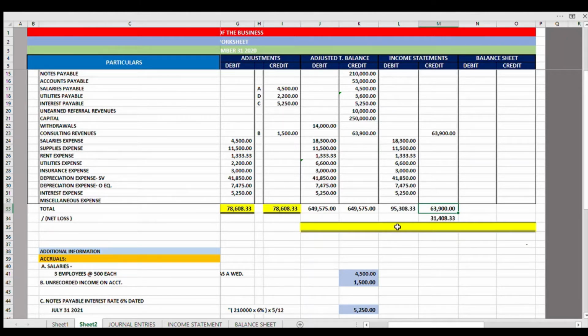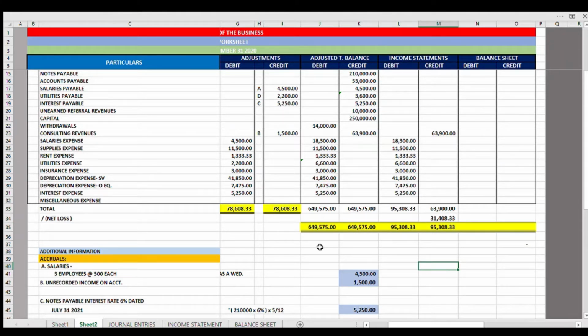So let us check our balances here, so that we can be sure that our balances are correct. So it is balanced, no? The same here, just to bring it down, no?